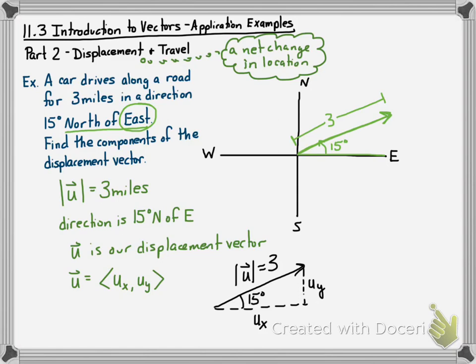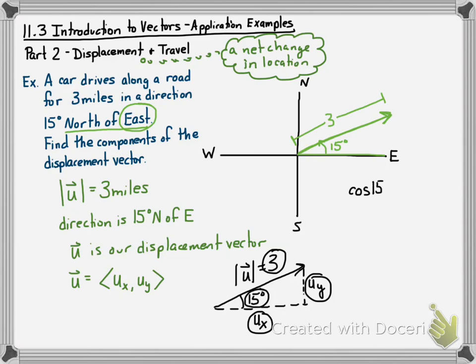If I want to find ux and uy, I want to think about what they are with respect to our angle. We'll start with ux. It is the adjacent side with respect to our angle of 15 degrees, so I want the cosine function, because cosine is adjacent over hypotenuse, and the hypotenuse is 3.